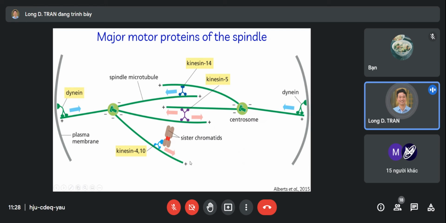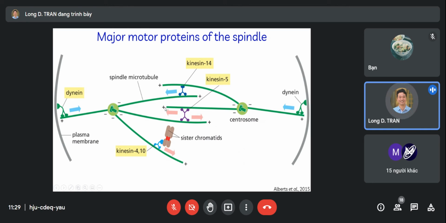And at a later stage, the movement of the microtubule here also involves dynein, which is not drawn here. The dynein will attach to the plus end, and when it moves toward the minus end, it will pull the centrosome close to the cell membrane, and is also involved in elongation and enlargement of the spindle during cell division.